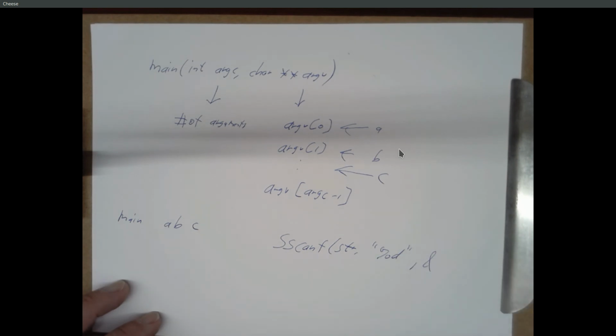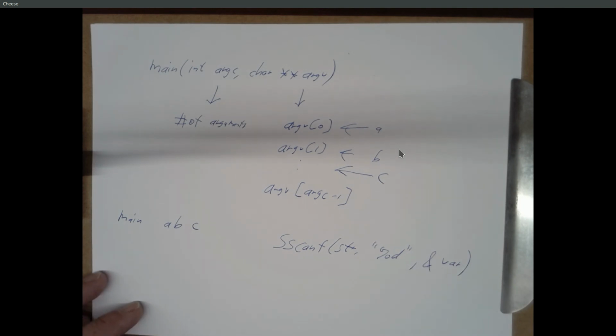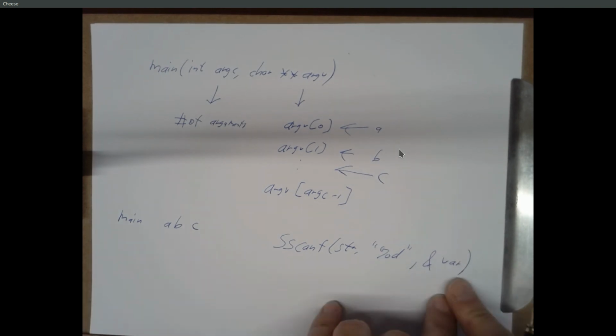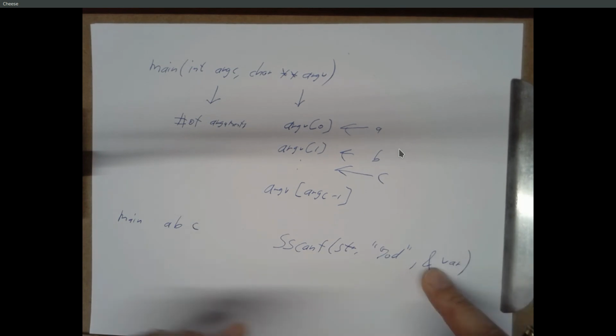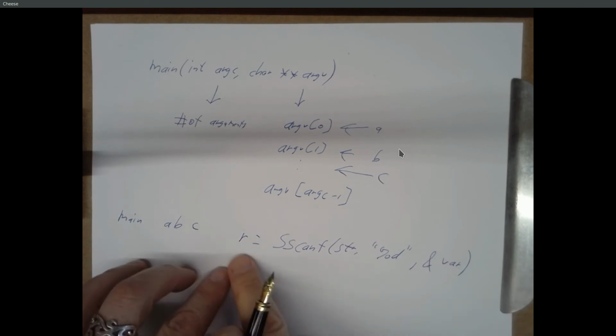And if you find an integer in that string, I want you to store it inside this presumably integer variable called var. And because we want this to change the value of this variable, we have to pass the address of the variable. So that's the ampersand. And this will return an integer.